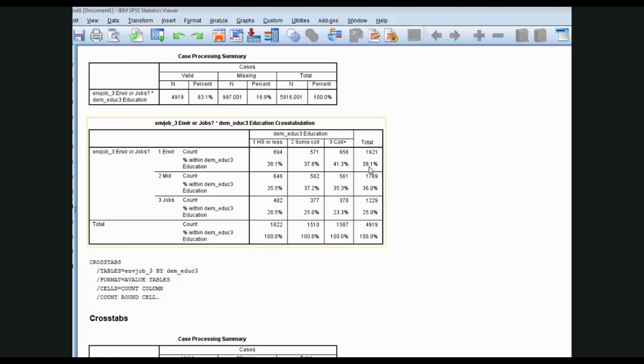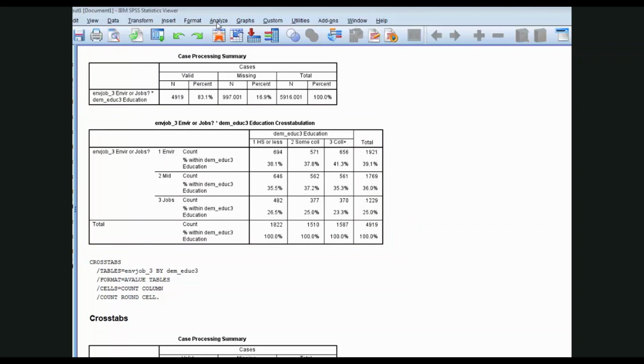And chi-square asks, looking at this 39.1, for example, could departures from this 39.1, that is, 38.1 in this cell, 37.8 in this cell, and 41.3 in this cell, be explained by random sampling error? So chi-square applies this idea to a cross-tabulation, looking at this cell, for example, 36.0, and asking, could each of these departures from this expected value of 36% be explained by random sampling error?